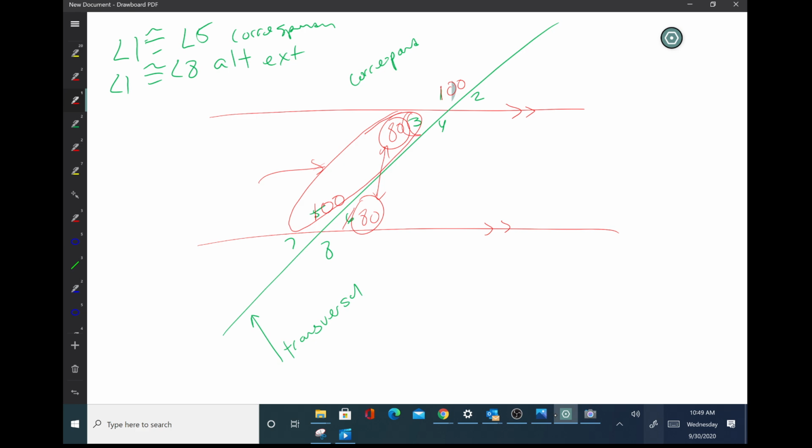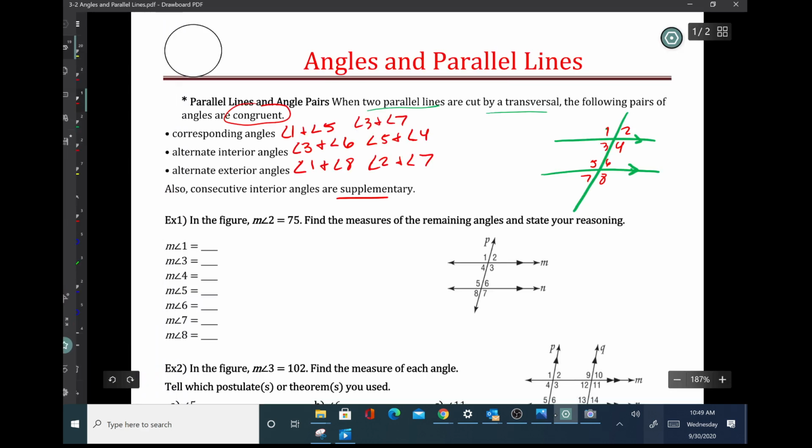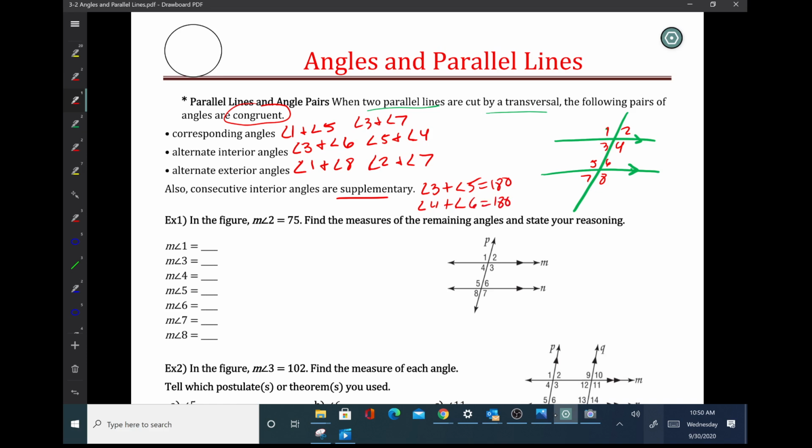Consecutive interiors are supplementary, and that's what the notes say. Consecutive interior angles are supplementary. So angle 3 plus angle 5 add up to 180. Or angle 4 plus angle 6 add up to 180.